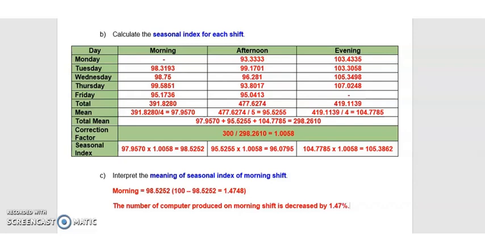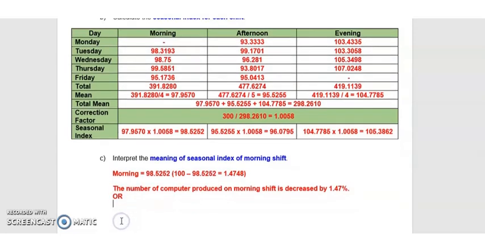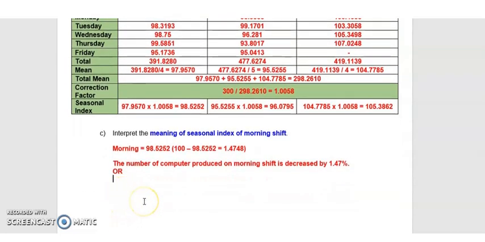Okay, the number of computers produced on the morning shift is decreased by 1.47%. Or you can also say like this: the number of computers produced on the morning shift is 1.47% below the trend. Okay, so if decrease, it means below the trend.